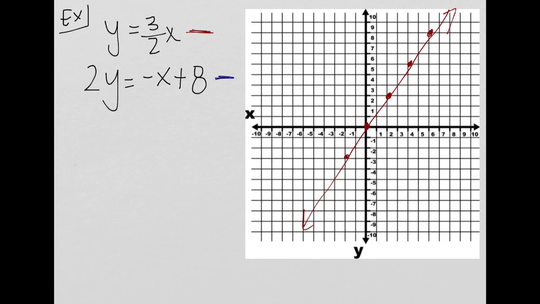And now this one I'm going to do in blue. Y-intercept's at 8. And then it says go down 1, right 1. Down 1, right 1.